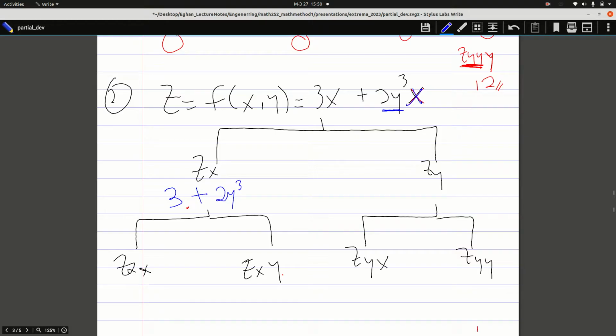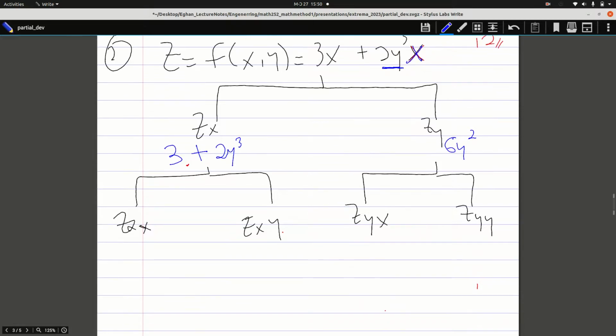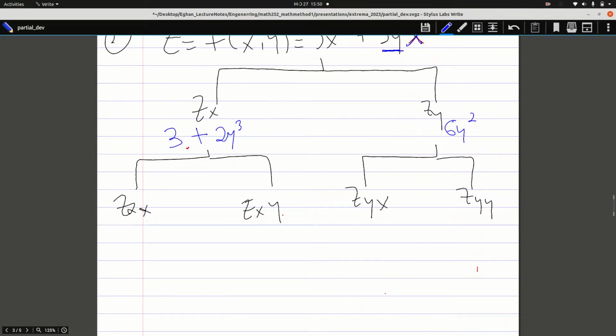Now zy, the first term, there's no y term, so that place is 0 plus the second term with respect to y. If I keep x constant, I'm going to get 6y squared. So I can do away with the 0 here, and that is what I have. I can now move to a second derivative. If I differentiate with respect to xx, it means go back to zx and now differentiate with respect to x.